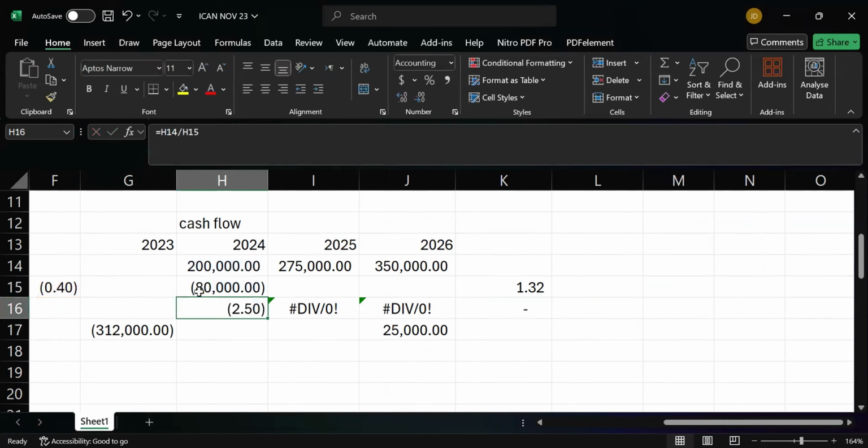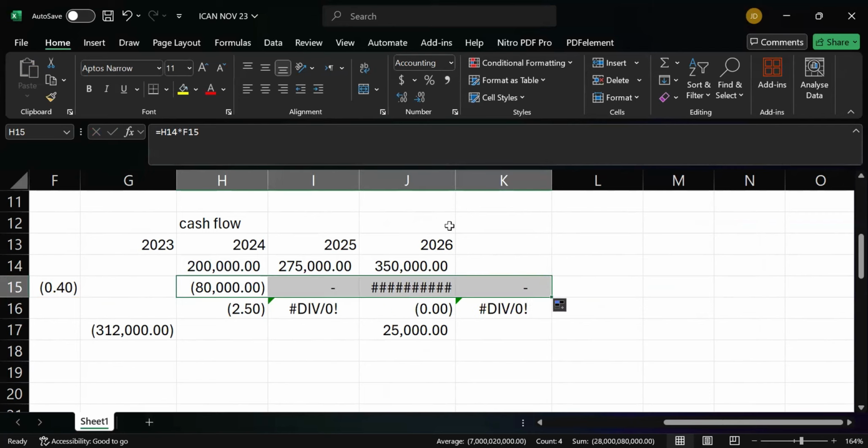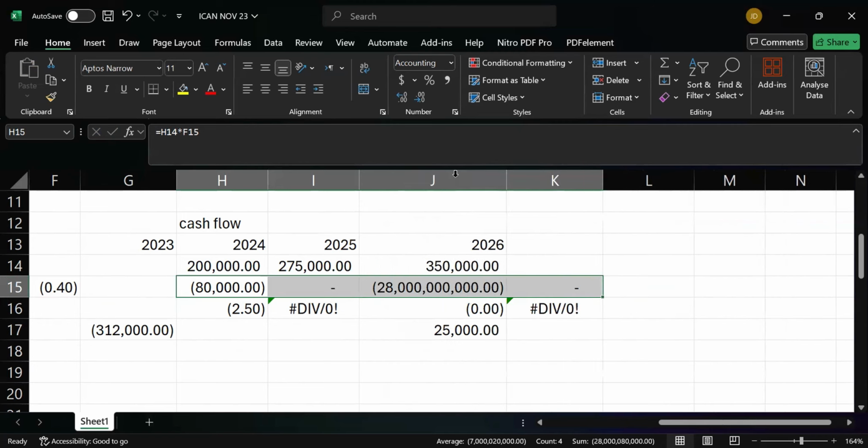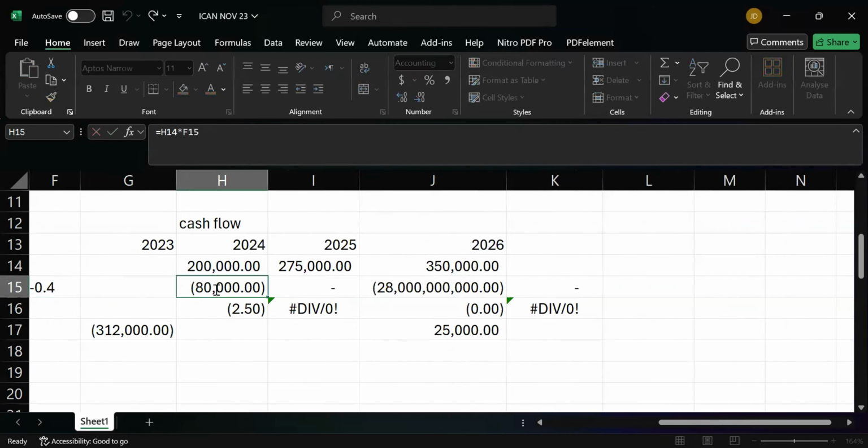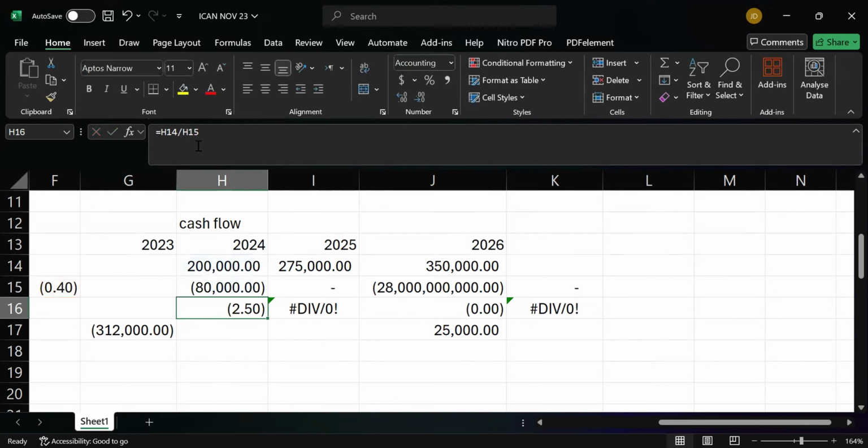So that is the tax rate. I need to lock the cell.